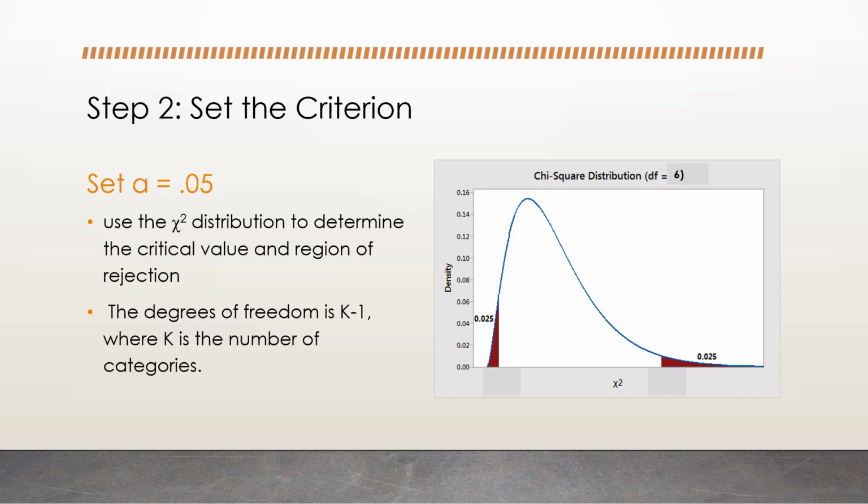It's called the chi-square test because the sampling distribution is a chi-square distribution with degrees of freedom k minus 1, where k is the number of categories. With the chosen alpha level, the critical values and region of rejection can be determined.